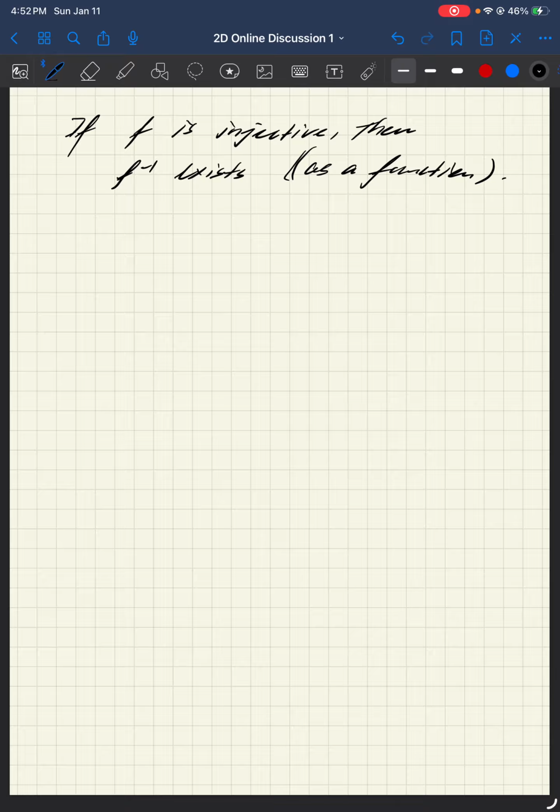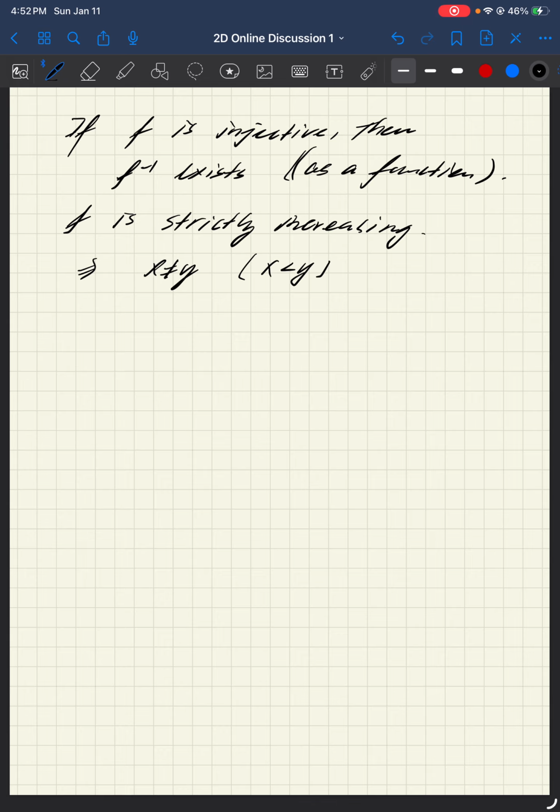But we know that f is strictly increasing. Which means if x is not equal to y, for example, x strictly less than y, or x strictly larger than y, then I have f(x) strictly less than f(y) in the first case, or f(x) strictly larger than f(y) in the second case.